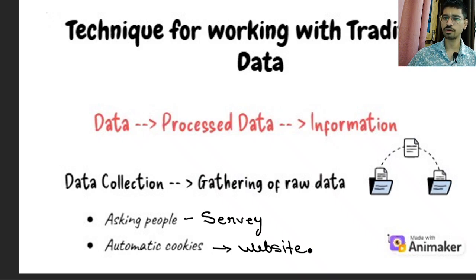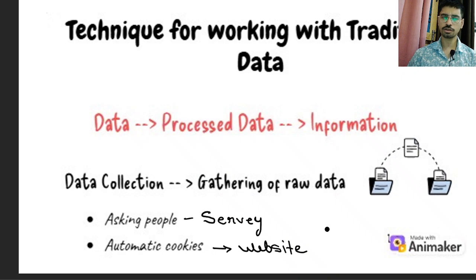On the website, what we click, how much time we spend, and what we search is all recorded in the cookies. So we have data, we process the data, and it gives us information. That is basically the technique for working with traditional data.